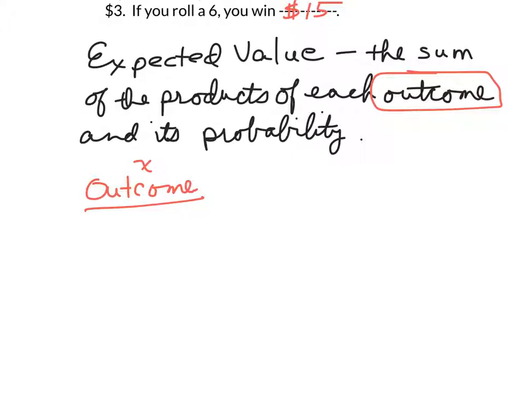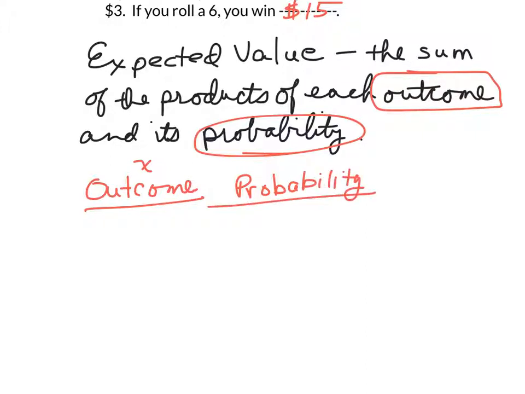Okay, now what else do I need? I need each outcome and its probability. So we're going to create another column, and for each one of those outcomes, we're going to list their associated probability. We're going to call that P of X.